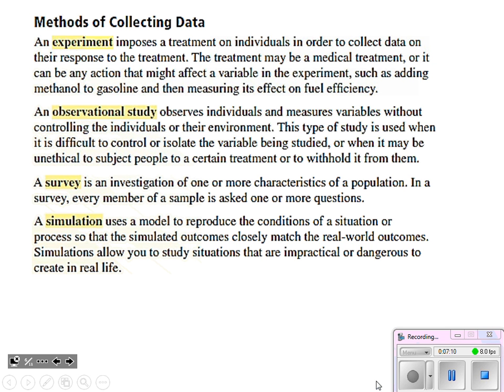An observational study is like a clinical trial, where you're observing and measuring without the individuals really knowing it, without having any effect on them. You'll see this a lot in psychology, observing people's behaviors. And then an experiment would also be like a medical situation where you have a control group and you're looking for effects there. But those are the different ways that we can collect our data from our sample.